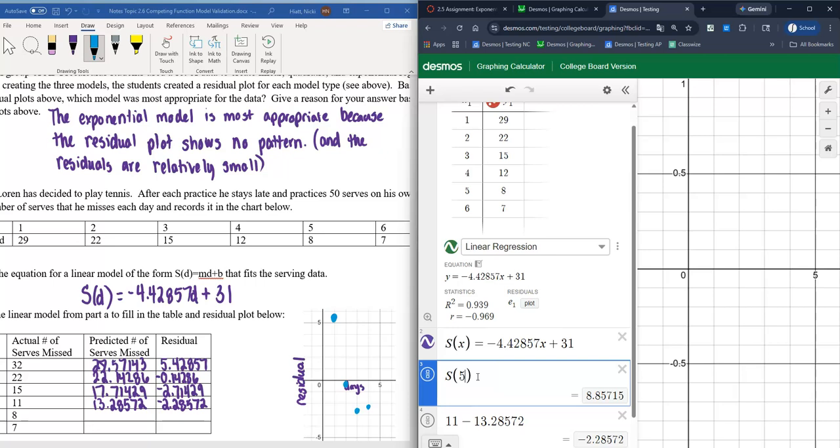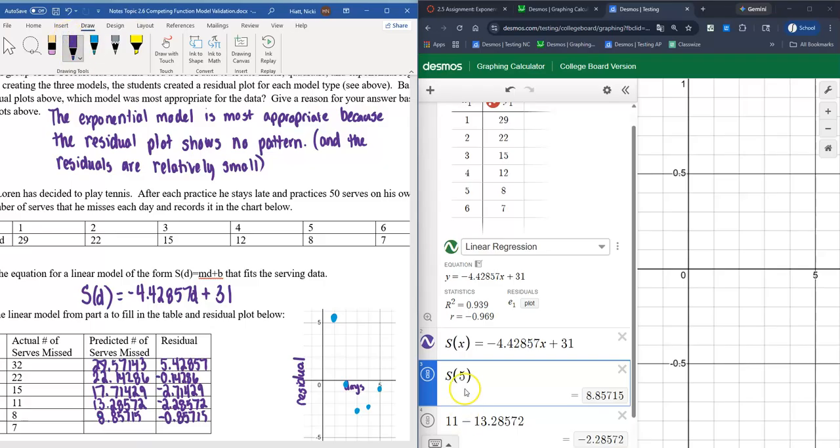Got 2 more, got S of 5. That's going to give me 8.85715. If I do 8 minus that, I'll get negative 0.85715. So that point would be about right here.